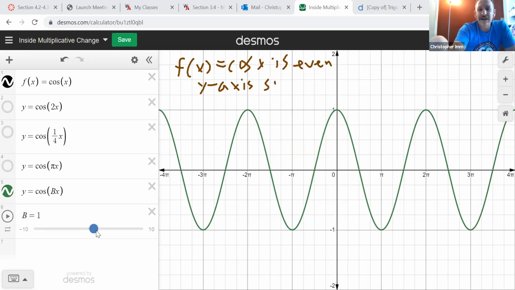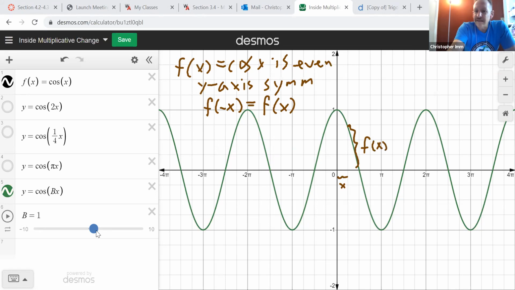And mathematically, what it means is that if I compute the function at a negative x value, I will get the same thing as if I computed that function at the positive x value. I can show you that graphically. Let's just pick on this point here. If I go over x, it's going to have an f of x value that's this high, right?